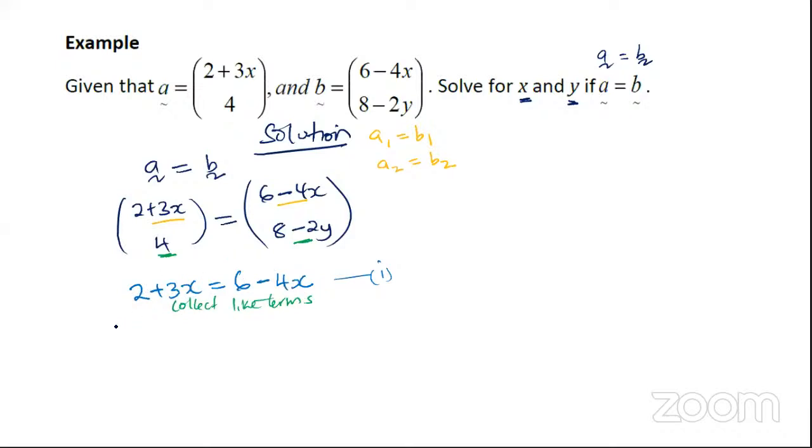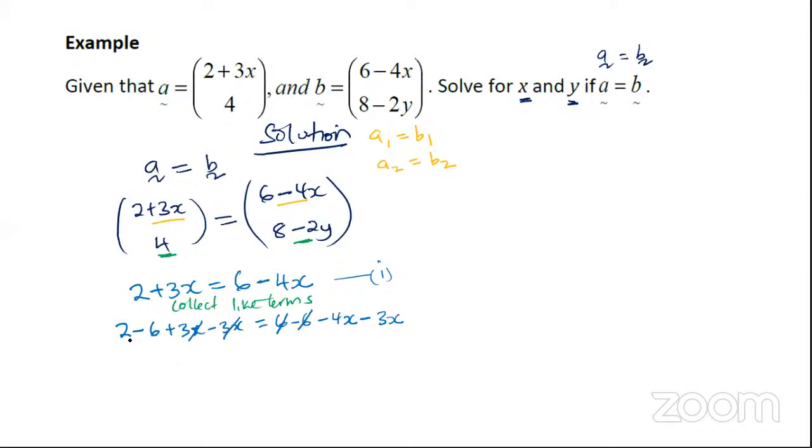So we shall have 2 minus 6 is equal to, okay, let me try to simplify it. Some people may not get it easily. So we have 2 minus 6 plus 3x minus 3x equal to 6 minus 6 minus 4x minus 3x. Now this one will disappear, and this one also will do the same thing.